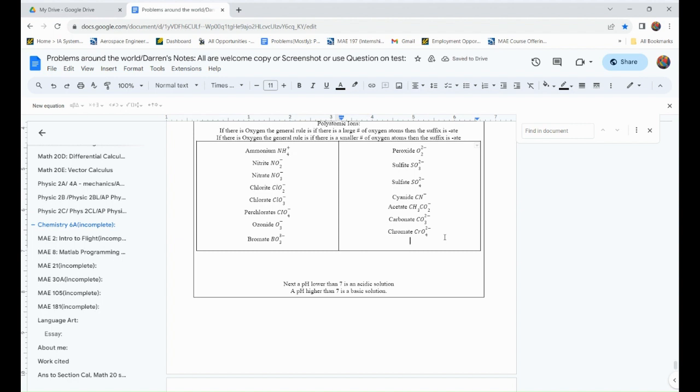I don't think he ever gave that one, so I deleted it, and I should add one more. So let's look for one more specific one that I can put in here. Something I think would be useful is phosphate. So let's put that one in.